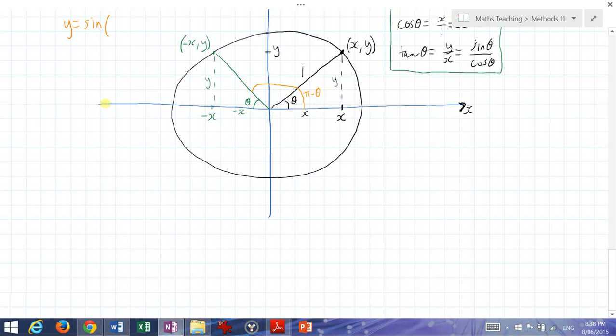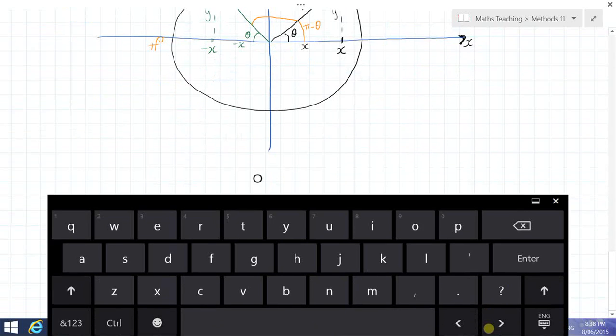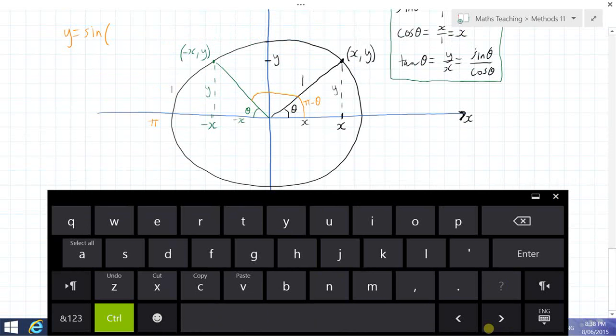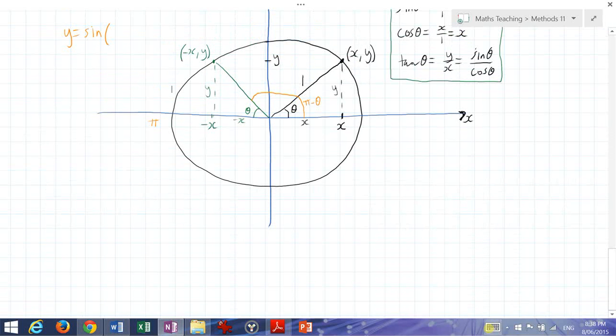Remember that this axis over here is pi radians. We've travelled pi radians to get to this spot.